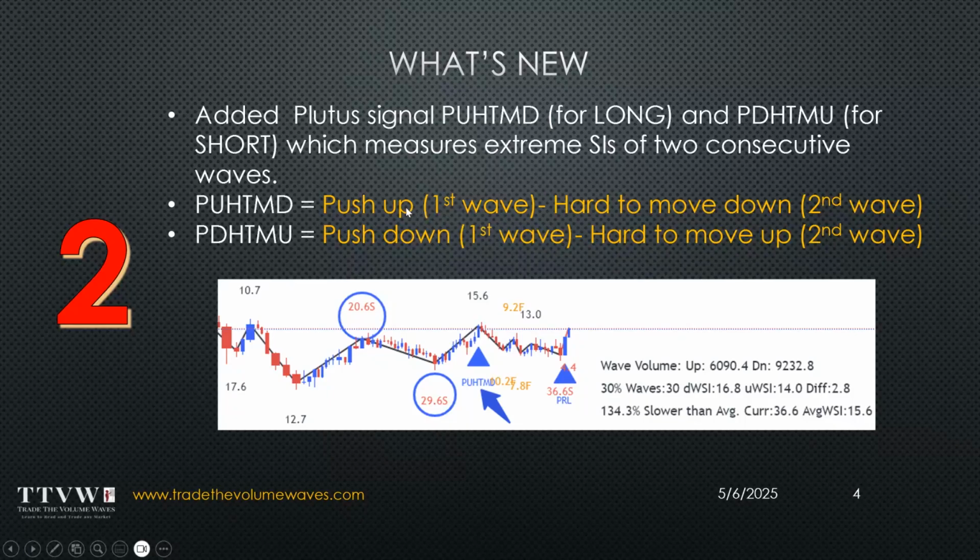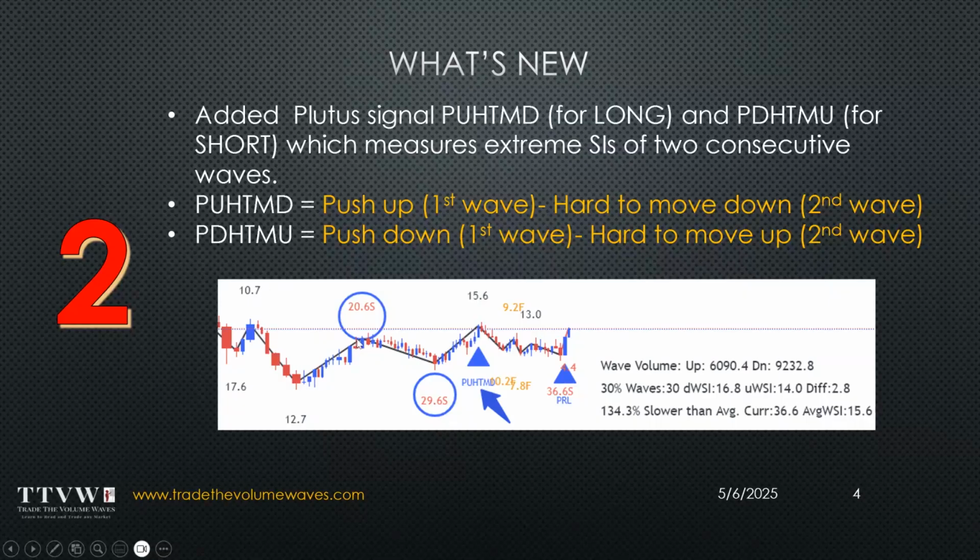This is for a long signal, and for a short signal it is exactly the opposite. So it's a push down on the first wave and a hard to move up on the second wave. Let me explain on the screen.